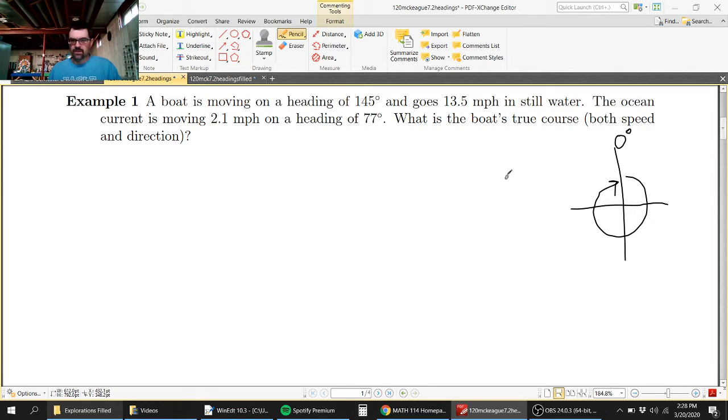So an object moving with a heading of 135 degrees would be going straight southeast. You'd have 135 degrees right there. So a heading of 350 degrees, well, that would mean this direction, where the 350 is this measurement almost all the way around.